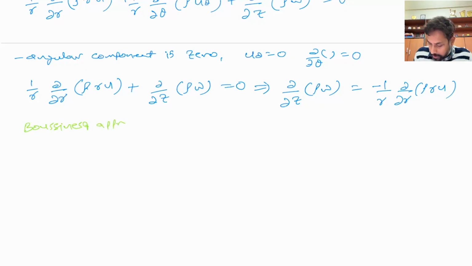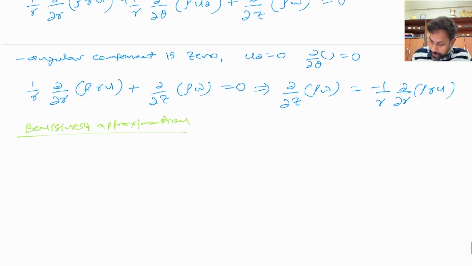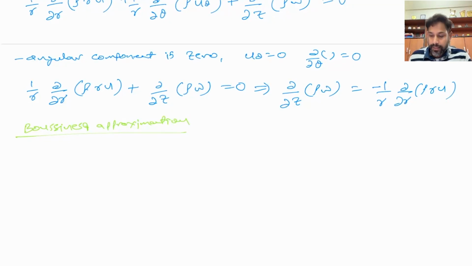Okay, and here we are also considering the Boussinesq approximation. If you remember, if you consider the Boussinesq approximation, you neglect the density variation within a particular equation, except when density is multiplied with gravity, right?